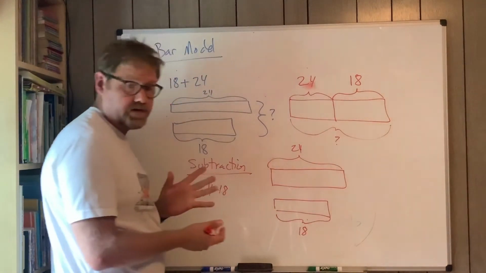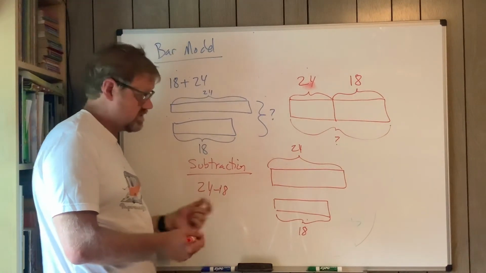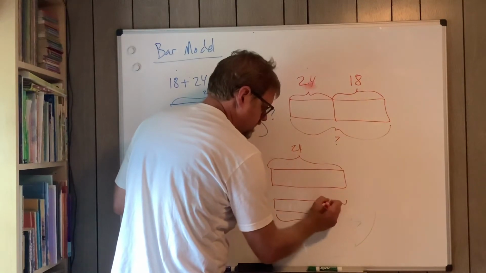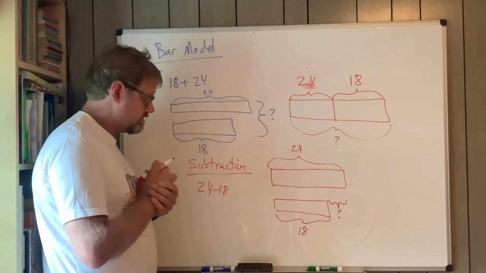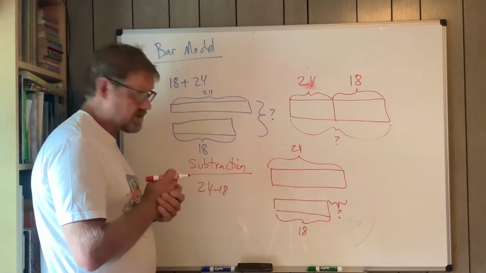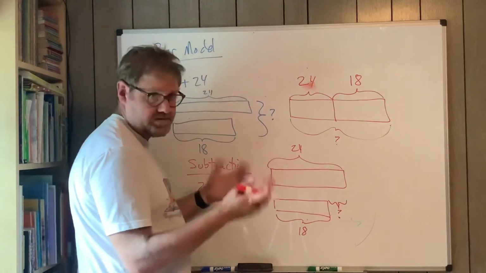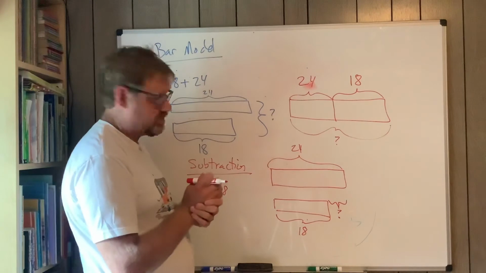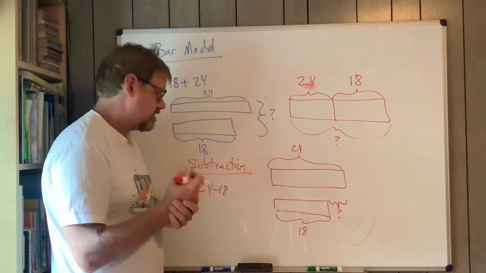Then what we want is the difference, right? Which may be like that, right? And the big interpretation of this is like a comparison interpretation, and not only is it measurement, like, you know, Sally's stick is 24 inches and Fred's stick is 18. How much longer is Sally's stick?